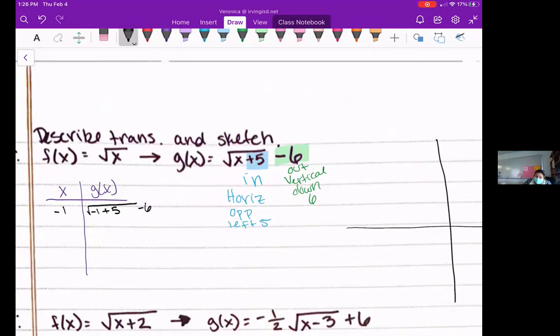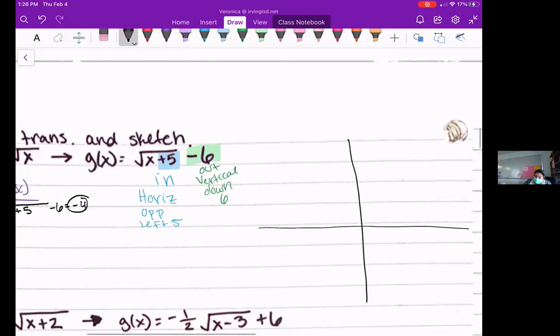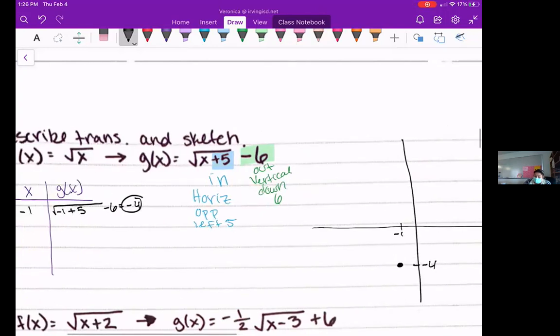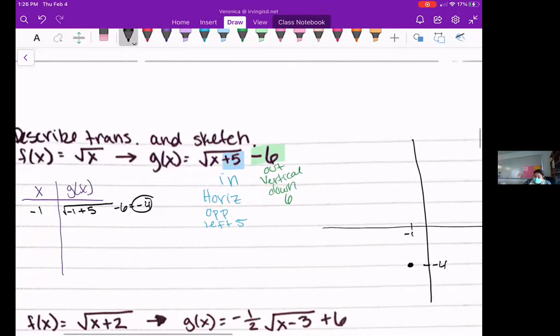So -1 plus 5 is 4. The square root of 4 is 2. 2 minus 6 is -4. So my first ordered pair would be at -1, which is right here, and then -4, let's make that there. Let's make this -6.